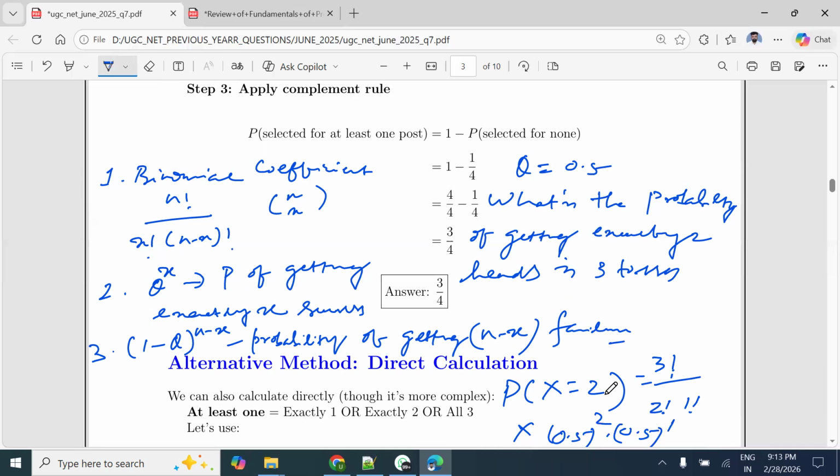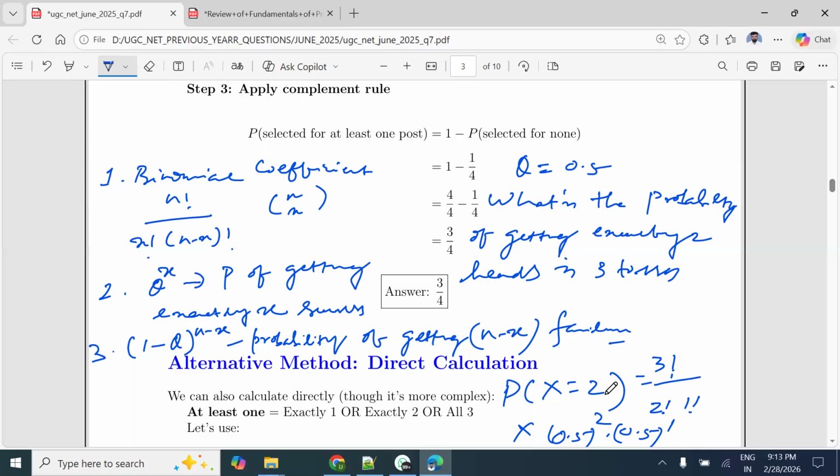Theta to the power x, theta is 0.5, and x is our random variable.